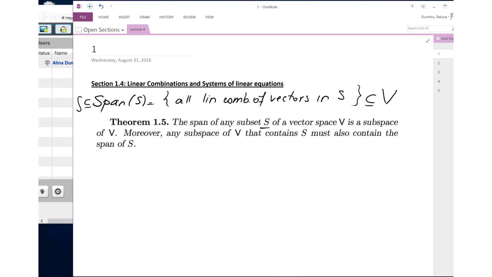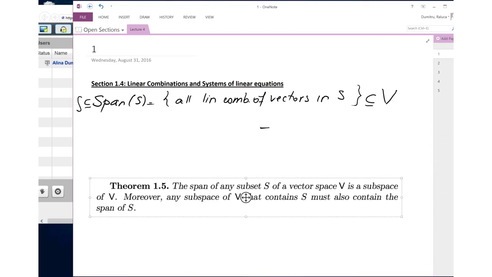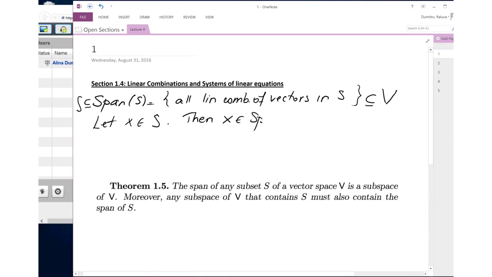Okay, so if you take a vector, let's say x, let x be a vector in the set S. How can you see x as an element of the span of S?